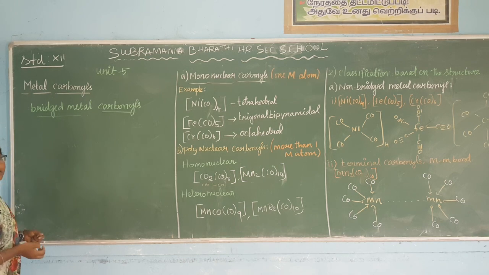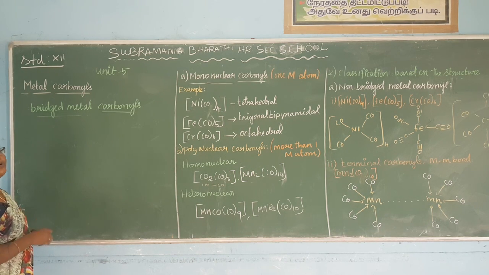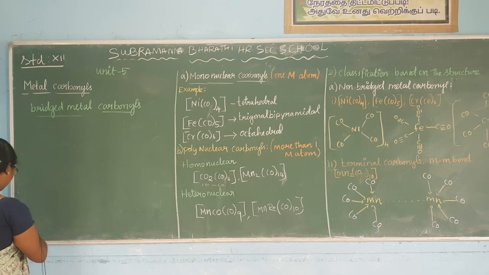Bridged metal carbonyls means there is a presence of two or more bridging carbonyls. Okay. So, let us see the example now.